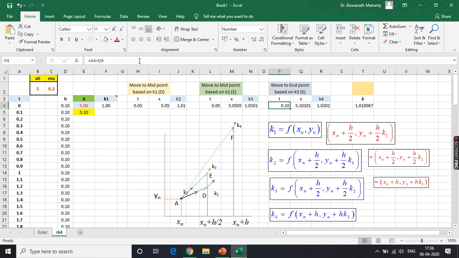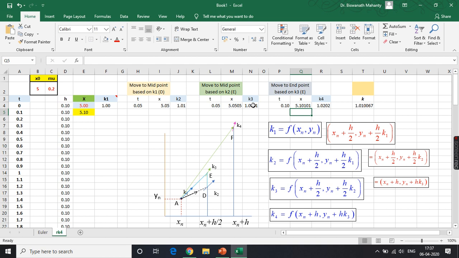Now our time is not half h, it is just whatever time we had plus h, so we added h and got the new time. And what is my y value? Y value will be calculated based on k3 multiplied by the full distance h. So our new x value is the original x plus the full length h times the k3 value.